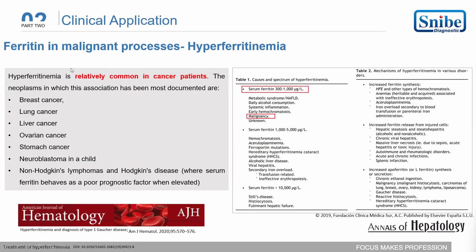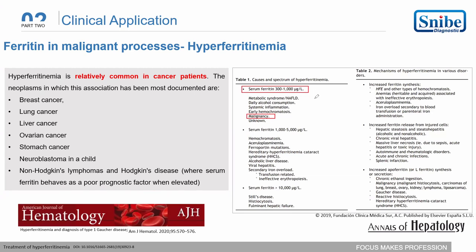If we talk about ferritin in malignant processes, which is called hyperferritinemia, it is common in cancer patients: breast cancer, lung cancer, liver cancer, ovarian, stomach, and neuroblastoma in children as well. In non-Hodgkin's lymphoma and Hodgkin's disease, serum ferritin behaves as a poor prognostic factor when elevated.